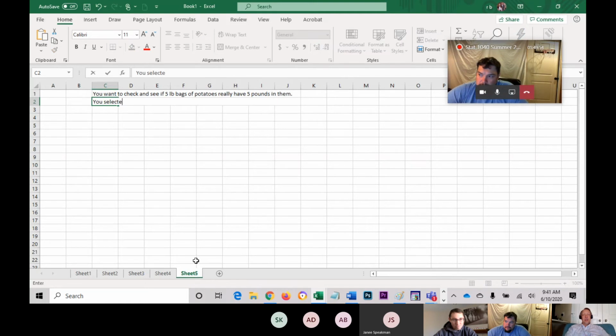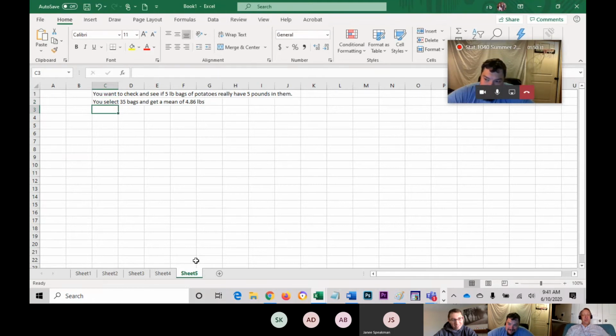You select 35 bags and get a mean of, what do you guys want your mean to be? Since I'm making this up, you can make it whatever you want it to be. 4.86, because you know they're never going to fill it all the way. 4.86 pounds. This is actually what I have people do, and they usually get more than 5.